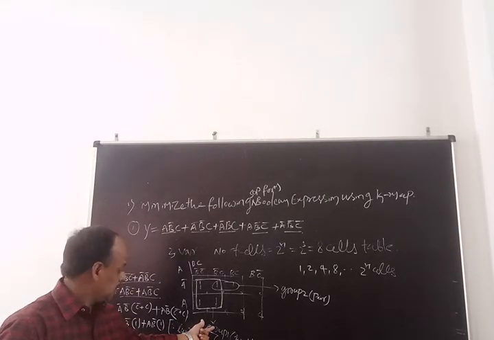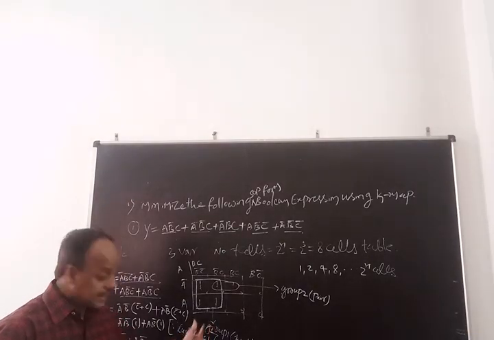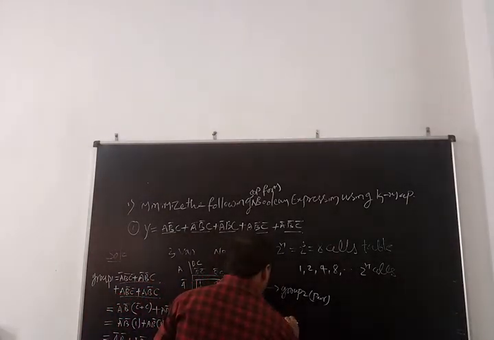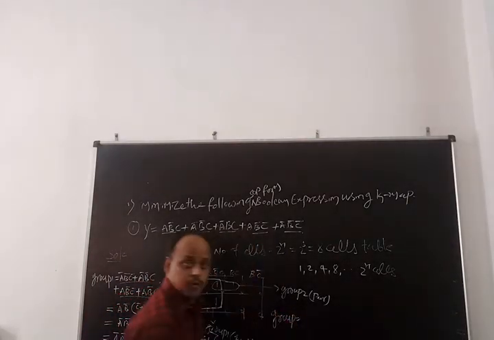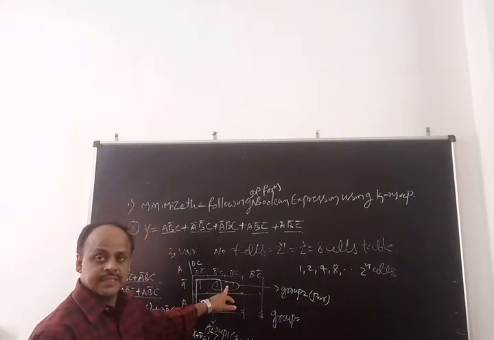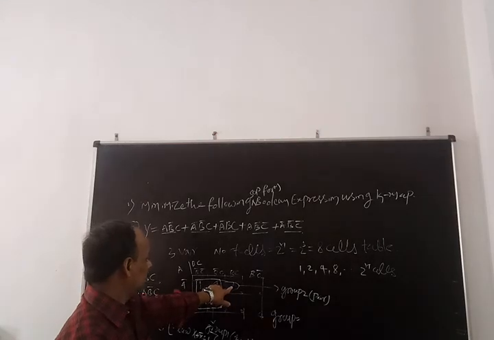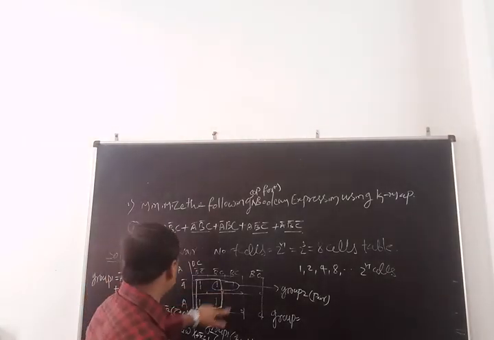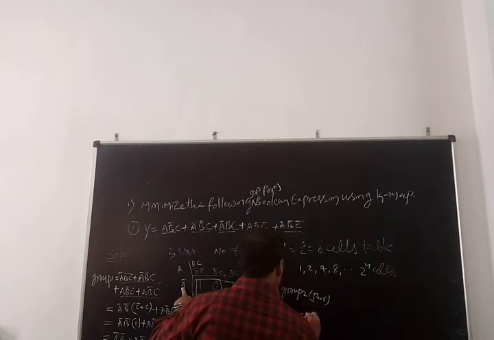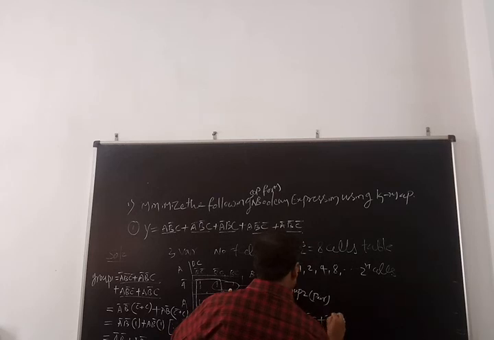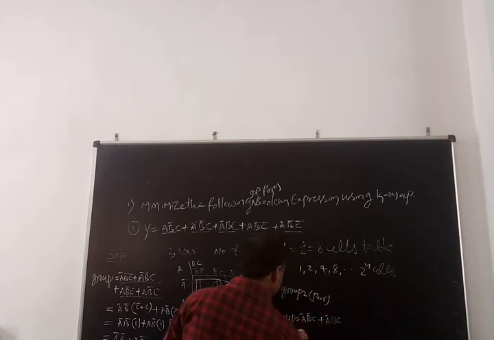Like that, consider second group. Group 2, that is pair is there. Consider these ones' min terms, that is A bar, B bar, C plus A bar, B, C, right?